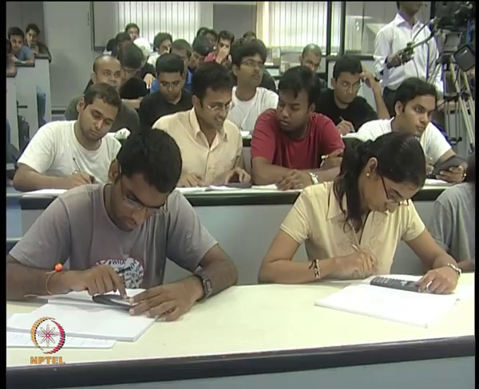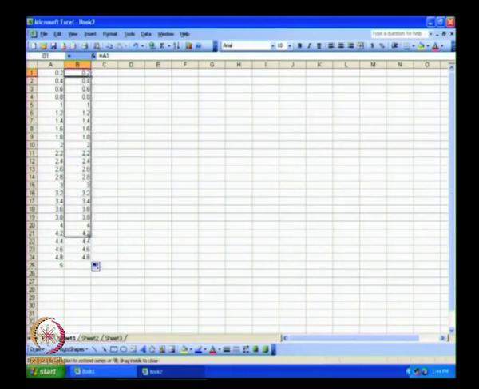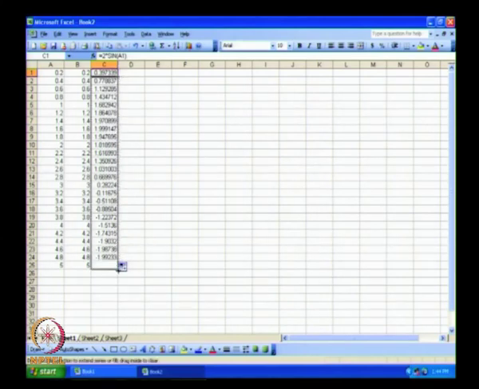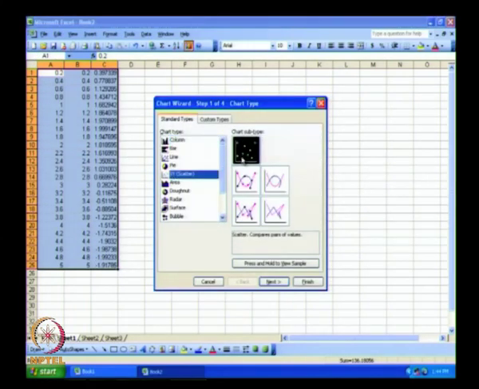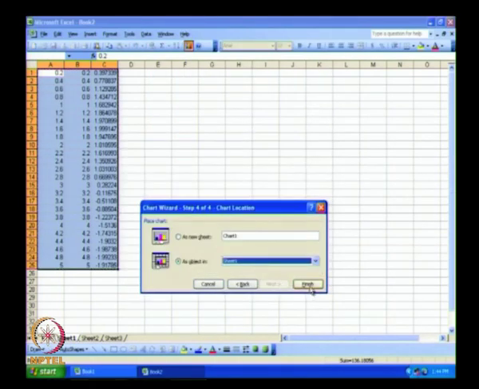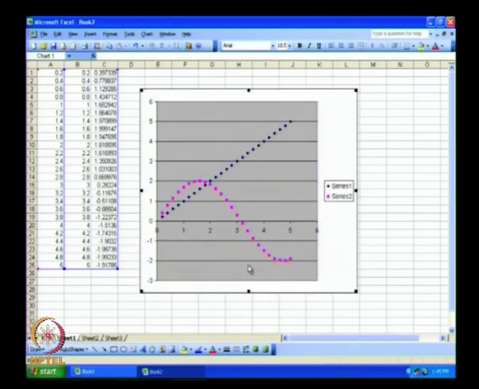Enough? This I have just shown, the graphical variation of the two functions, f of x equal to x and f of x equal to 2 sin x.